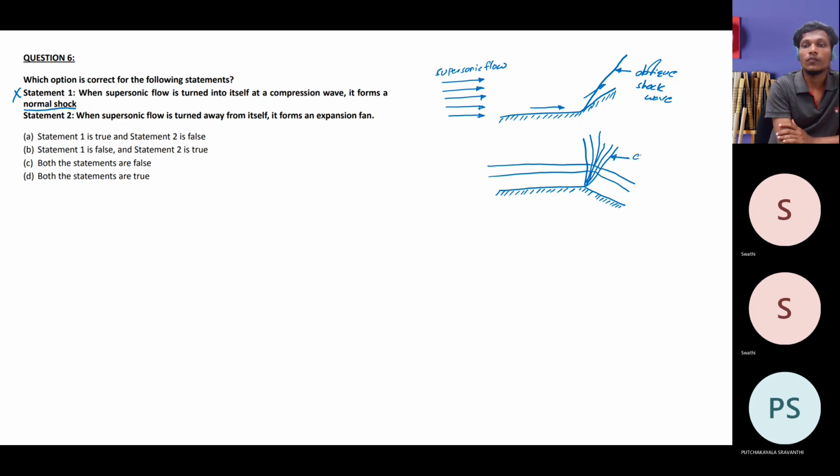We call this an expansion fan. So the second statement is true. The first statement is false and the second statement is true. This is the solution for this question. Okay. Let's go to the next question.